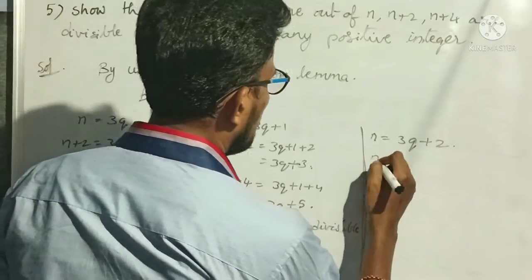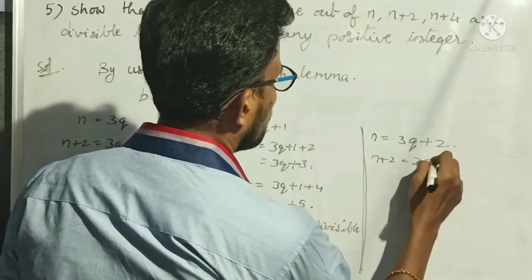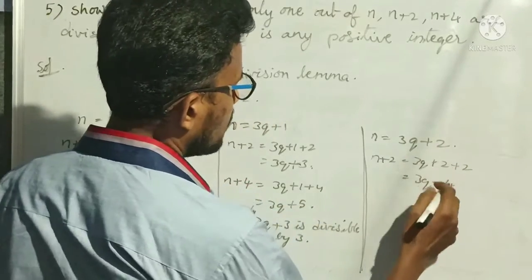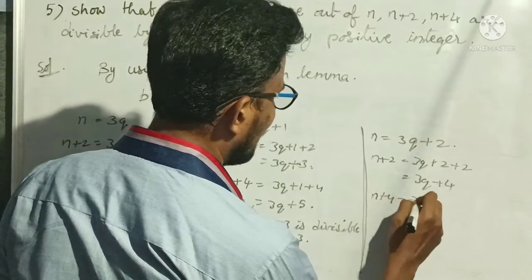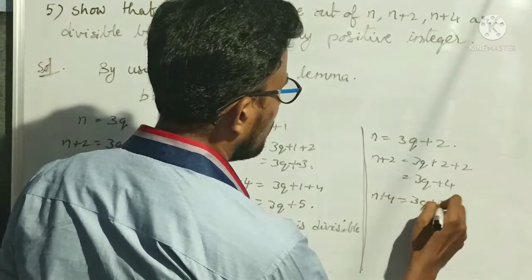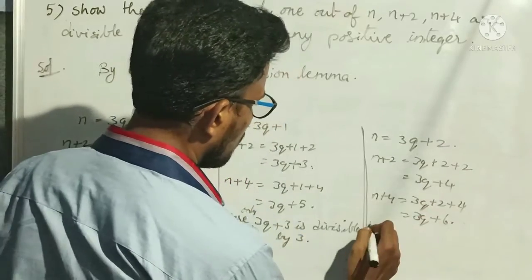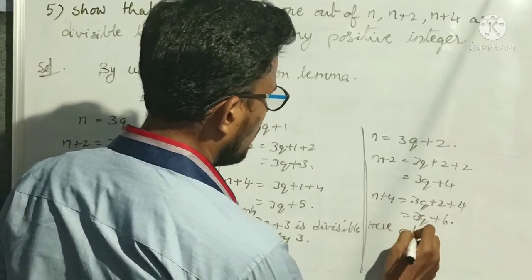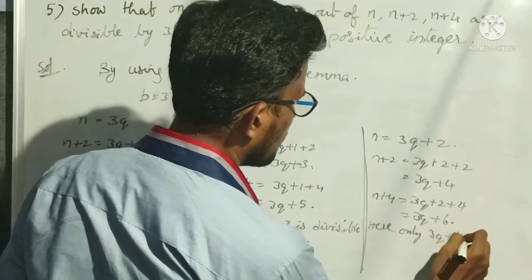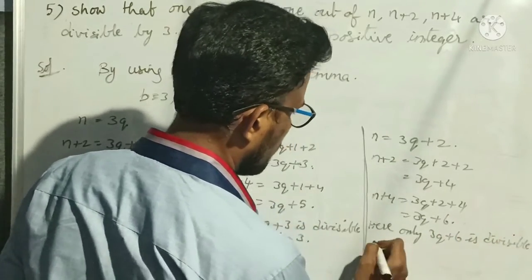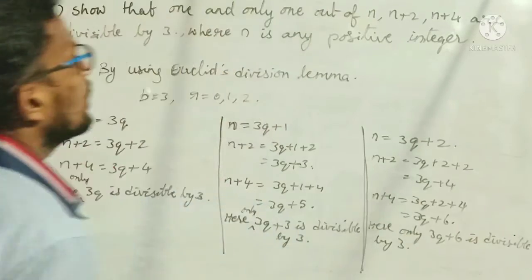Next, n plus 2 is equal to 3q plus 2 plus 2, so that is 3q plus 4. Yes, this is not divisible. Next, n plus 4 is equal to 3q plus 2 plus 4, so 3q plus 6. So here also only 3q plus 6 is divisible by 3, right?